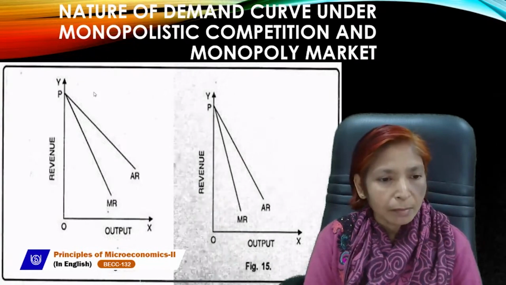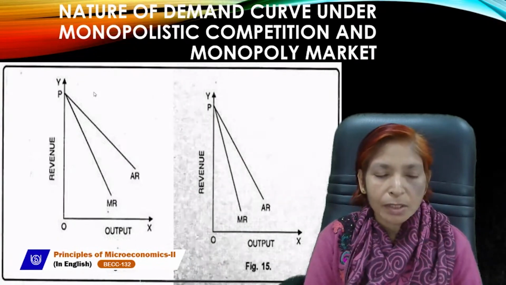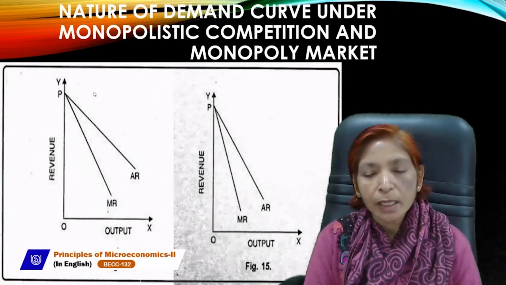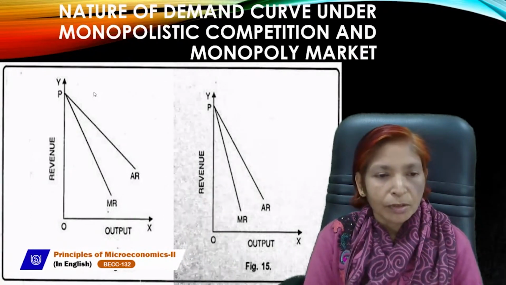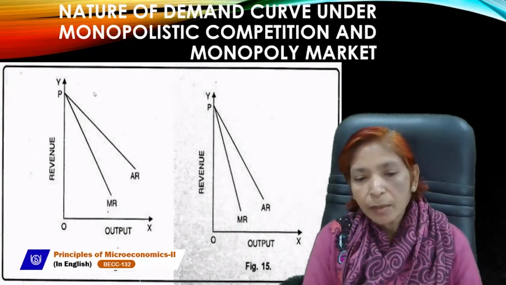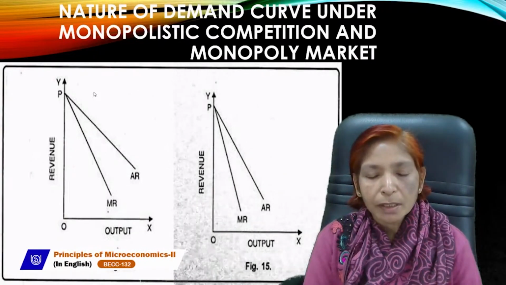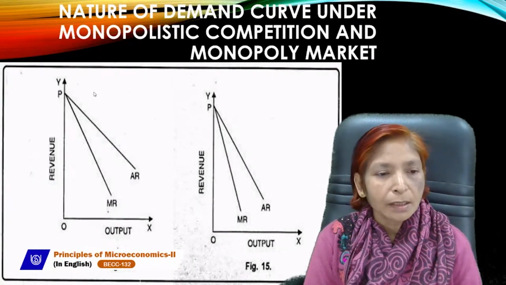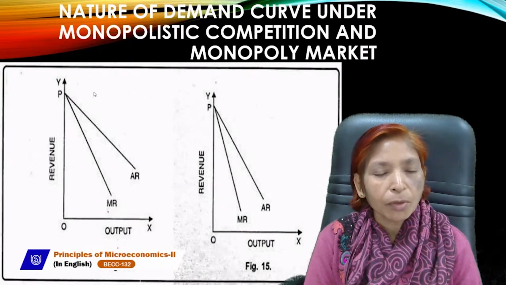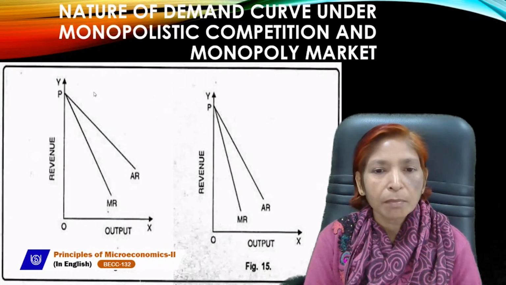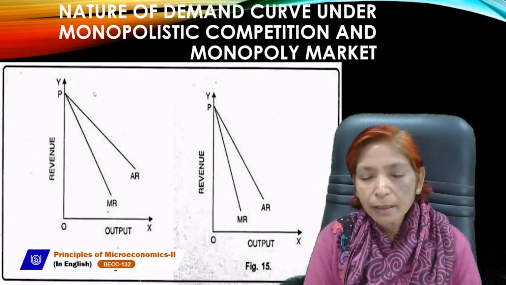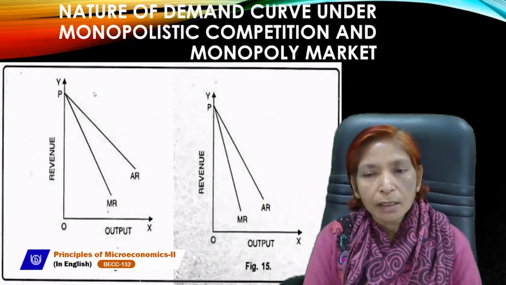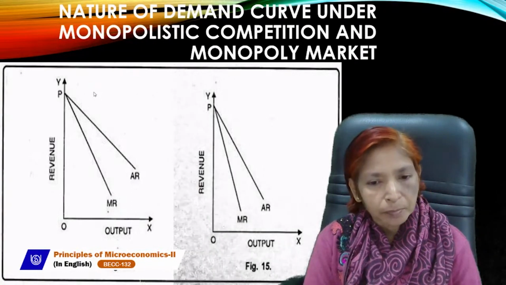In the first diagram, the AR MR curve is downward sloping but flatter than the monopoly's AR MR curve. In the second diagram, the AR MR curve is steeper and downward sloping. So the first diagram shows the demand curve of a monopolistic competition market, and the second diagram shows the demand curve under a monopoly market.